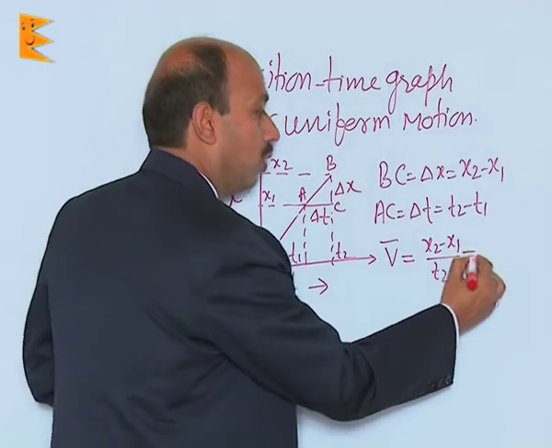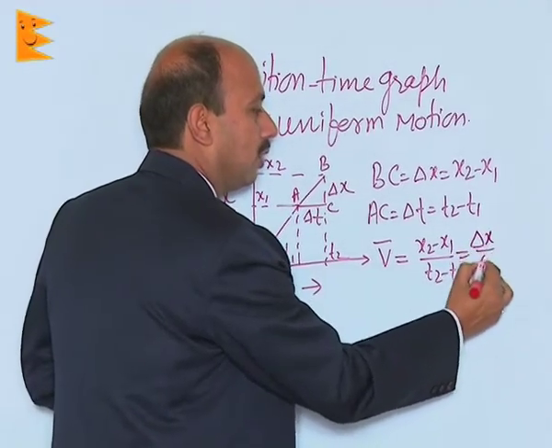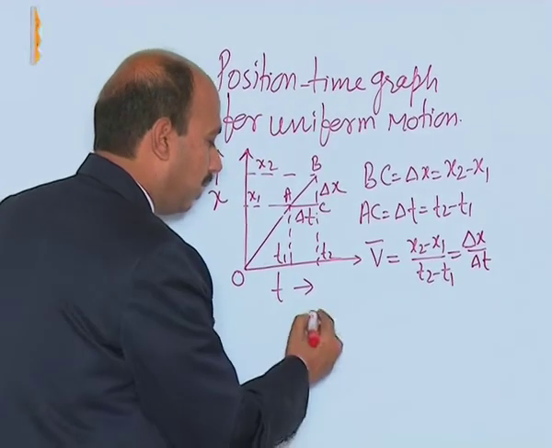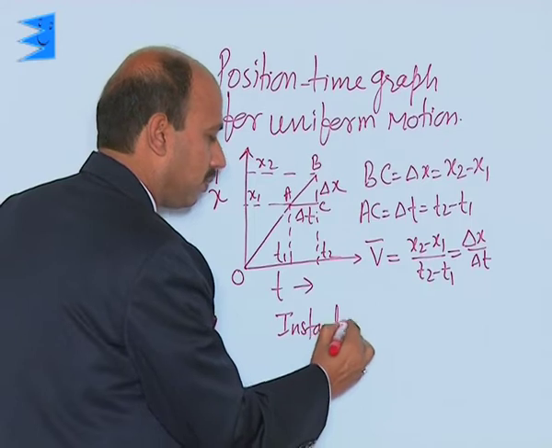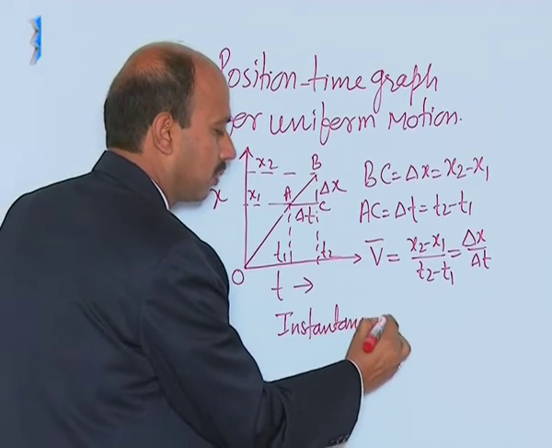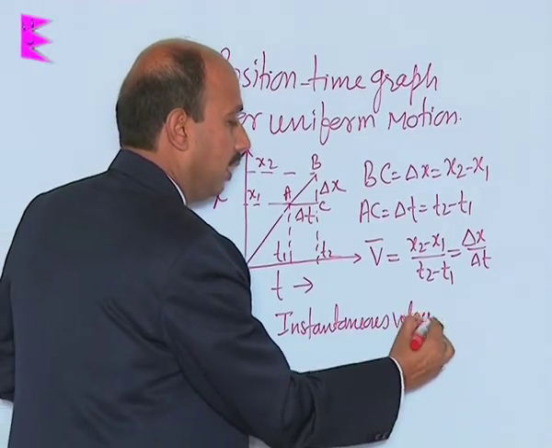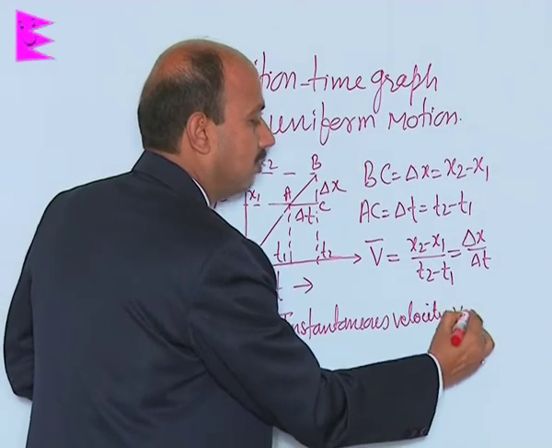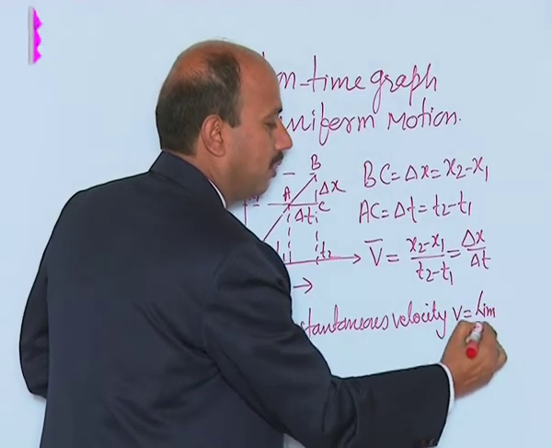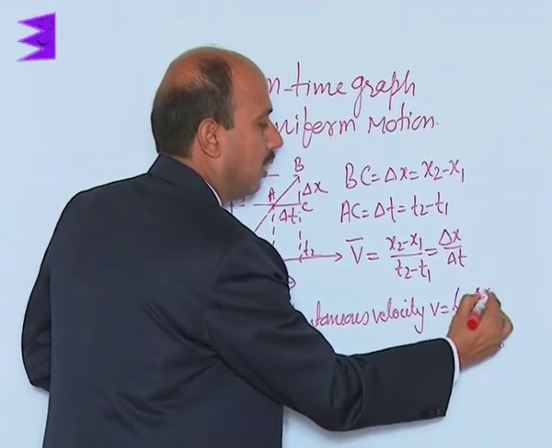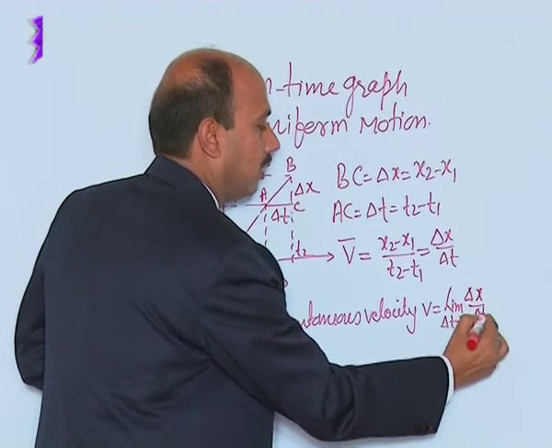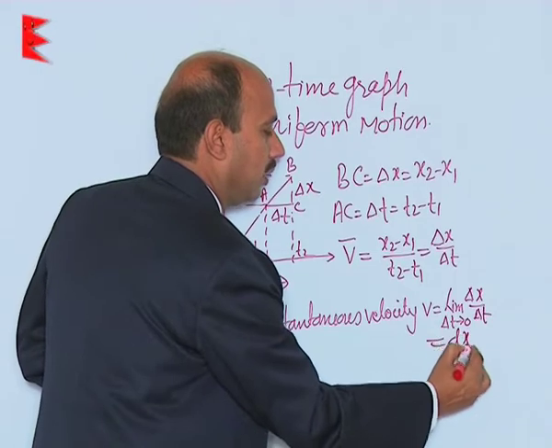So, we can also write delta x upon delta t, but the instantaneous velocity v is equal to limit delta t tends to 0, delta x upon delta t, which is equal to dx upon dt.